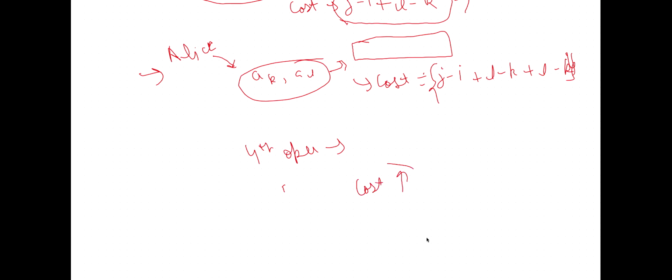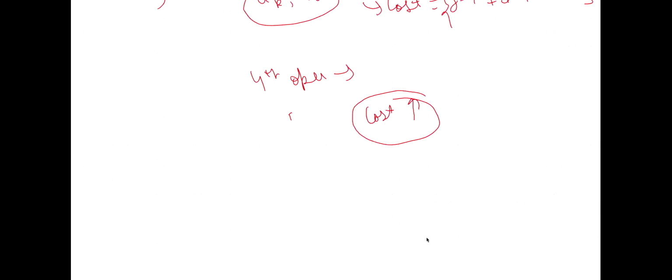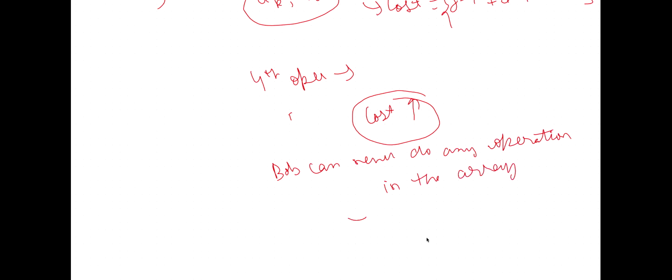So I think we just found the key element of this problem, that Bob can never do any operation in the array. He will have to end the game in the second move.